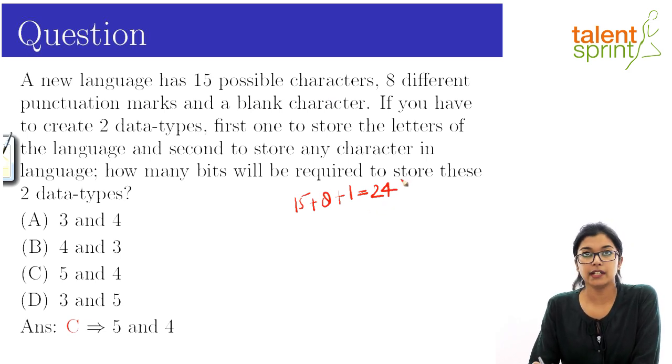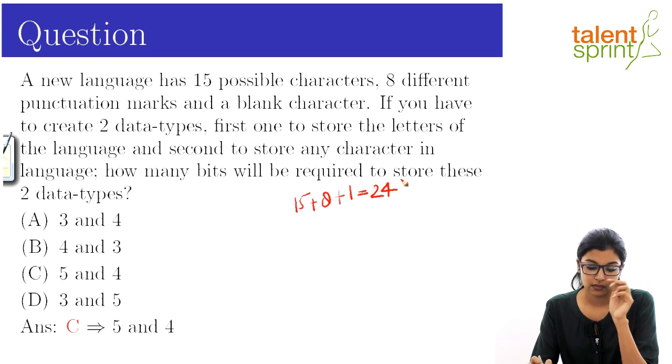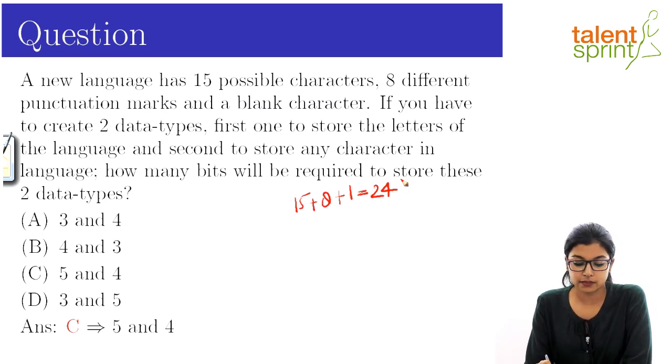If you have to create 2 data types, first one to store the letters of the language, by which we mean all letters, 24 letters, and second to store any character in language. So there are characters 15.